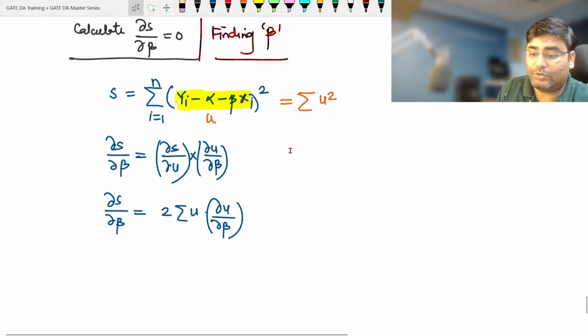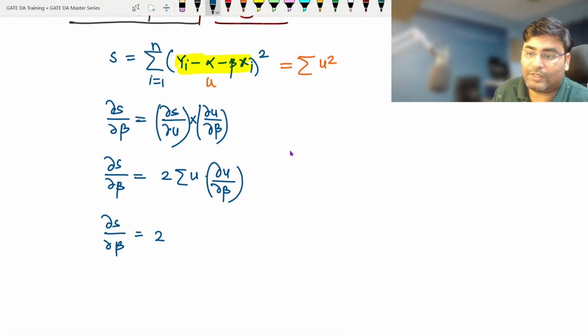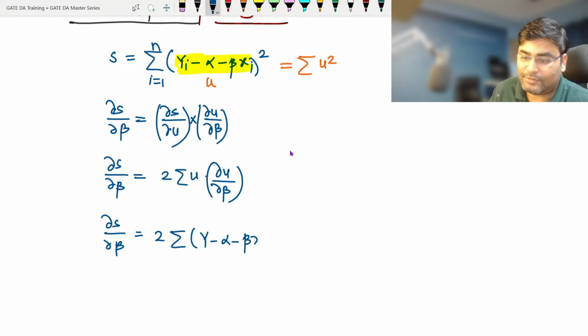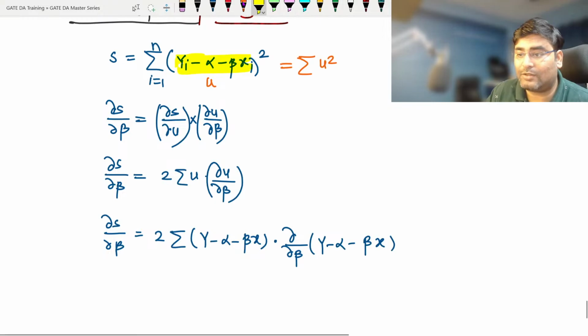Now you know what your u is. This is your u, the yellow region. So it will be y minus alpha minus beta x, and then you have to do partial differentiation of this with respect to beta. It's the same thing which you have done, guys. Now this time, which ones are the constants?